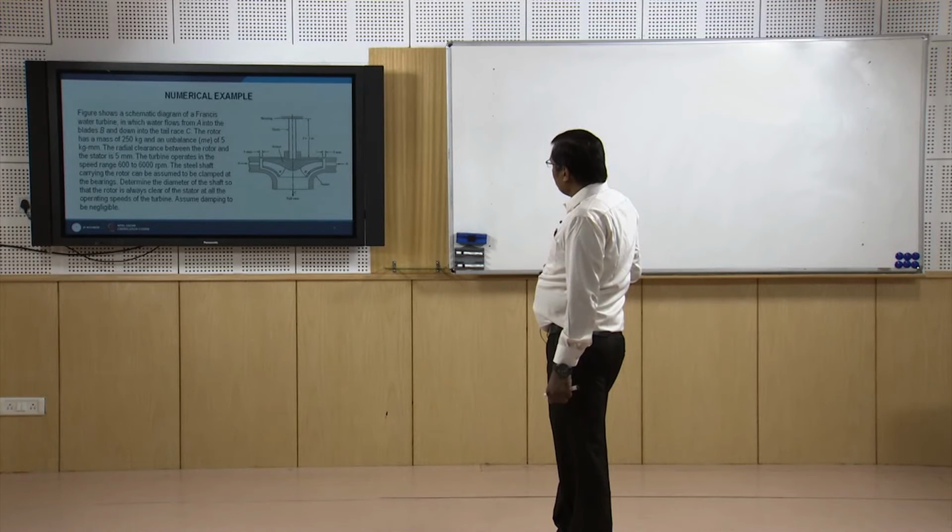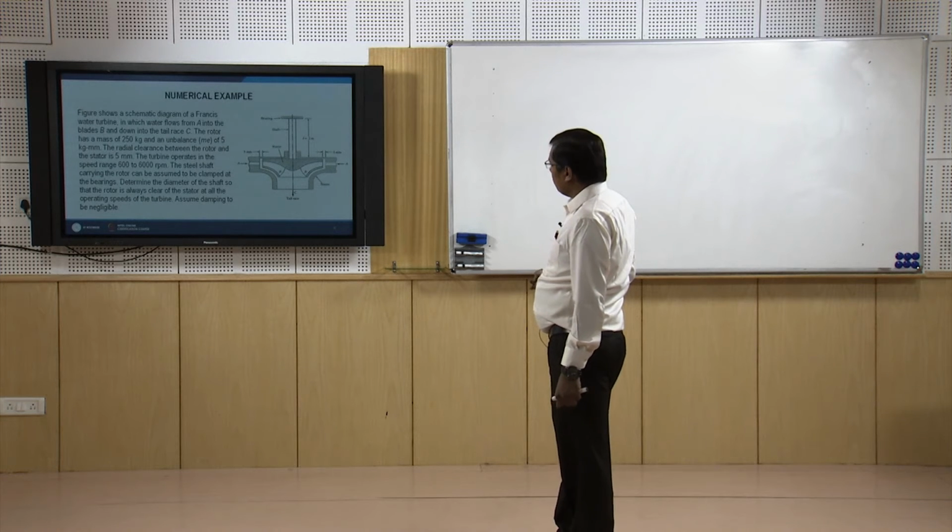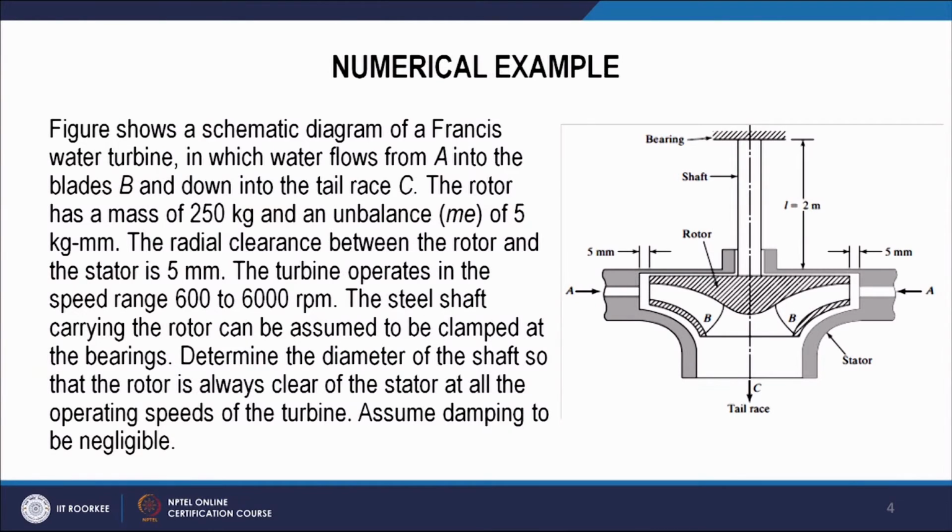You can see the length of the shaft is 2 meters and this is the tail race, so the water falls down from this opening. It says that the rotor has a mass of 250 kg and an unbalance of 5 kg mm.